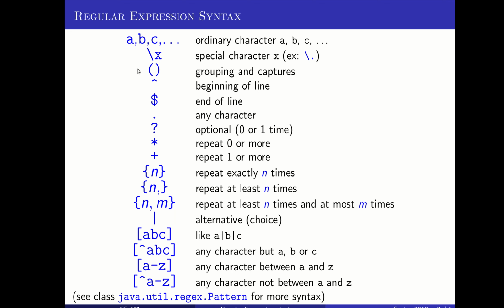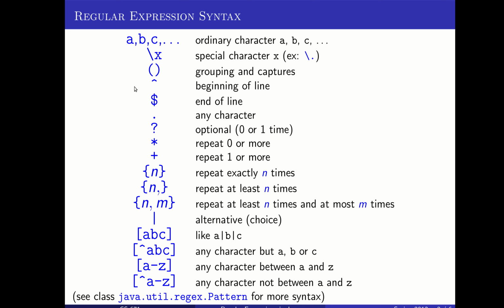You can group things together by putting them in parentheses. You can also do the choice kind of things like we had before, where it could be A or BA, I believe it was. Using the OR bar inside of parentheses, you can form a grouping that is allowed a choice, one or the other of these.